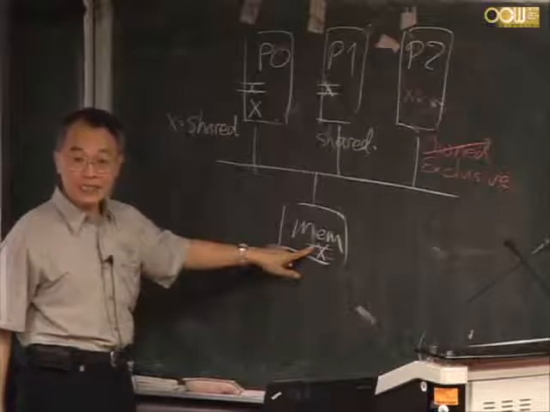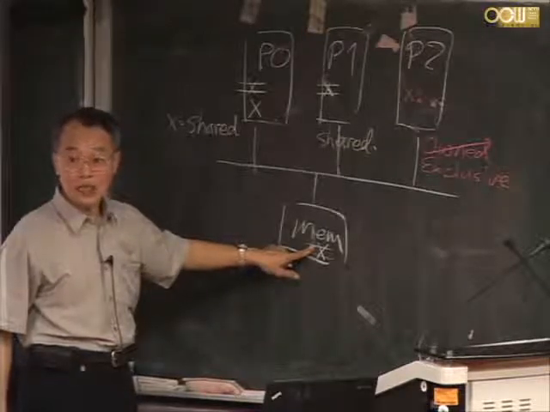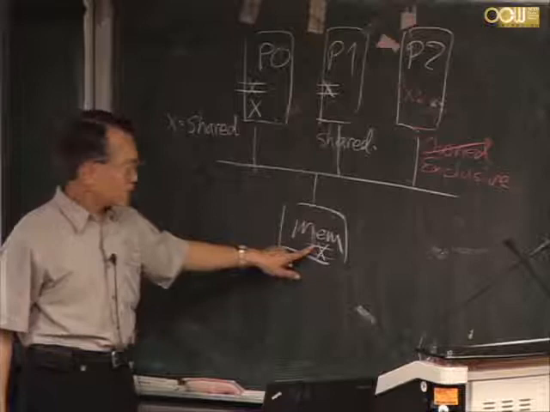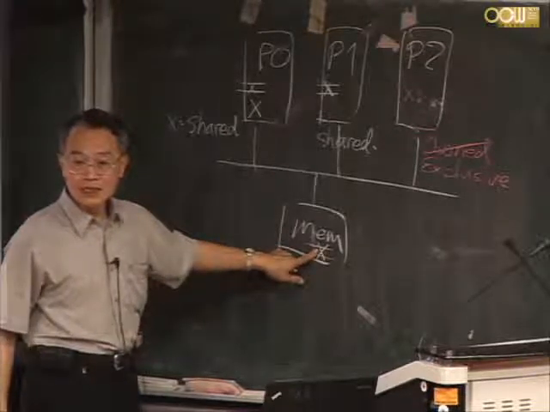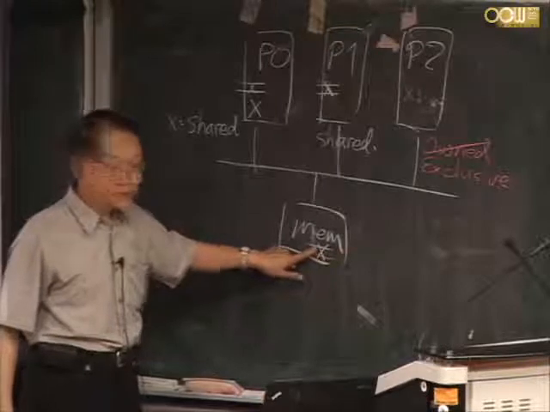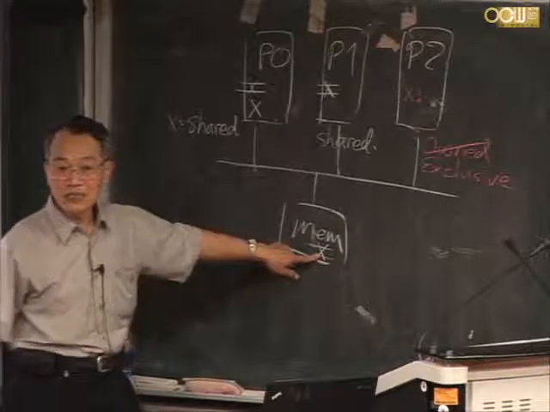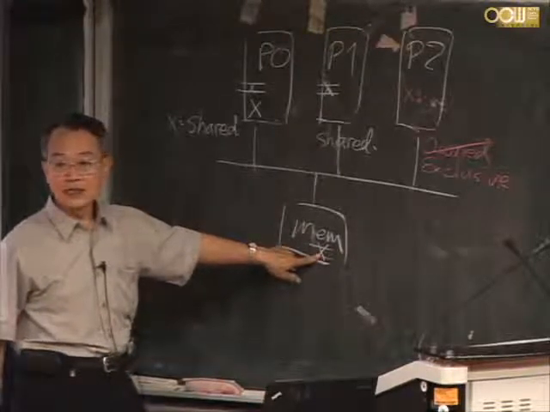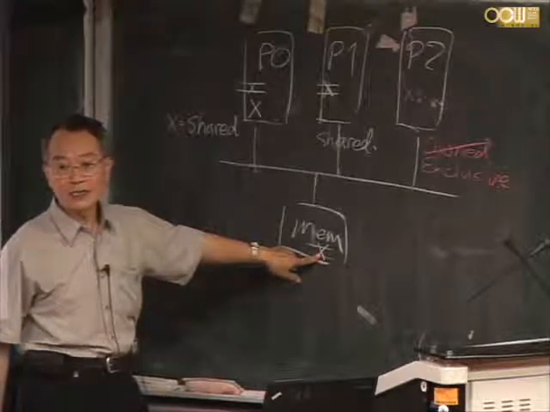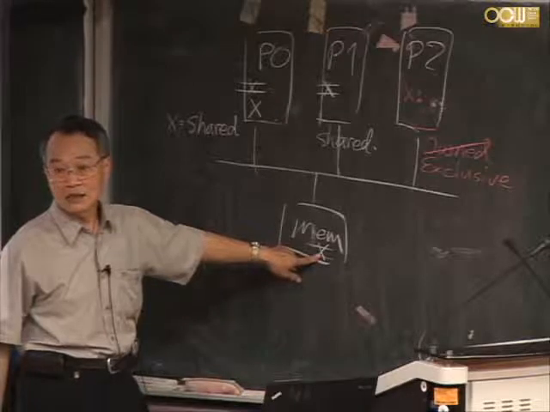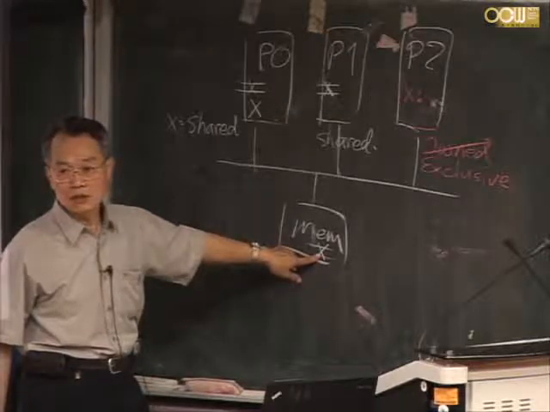Yes, the memory sees the signal, read X. Does the memory know that X is no more good? Yes or no? No way it can tell whether the X is good or not. It doesn't know.